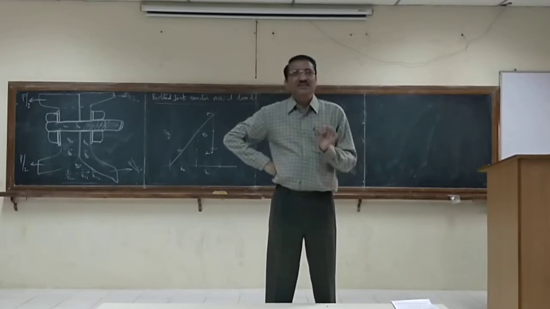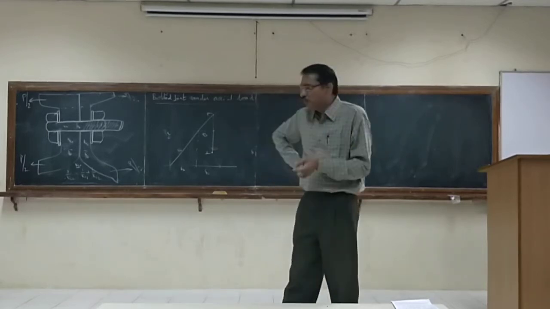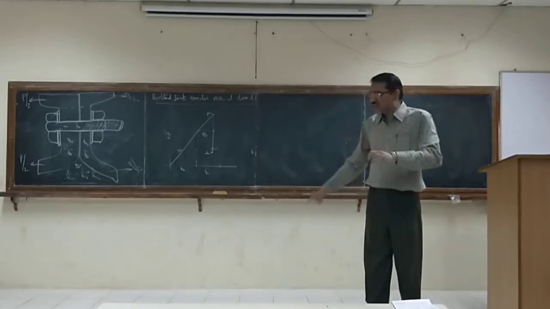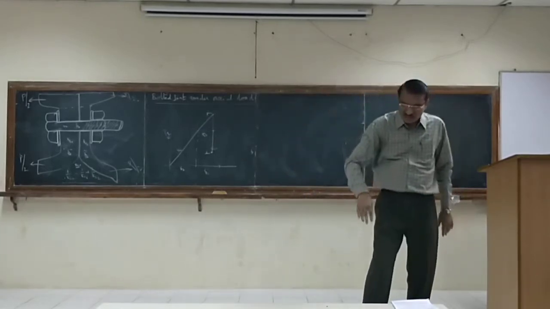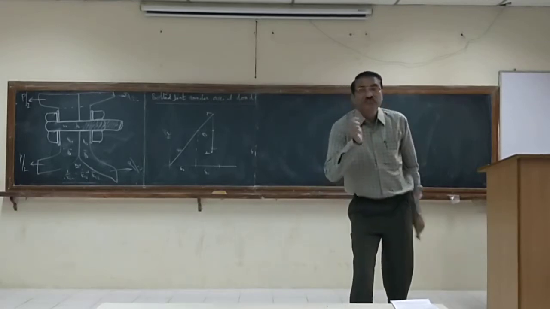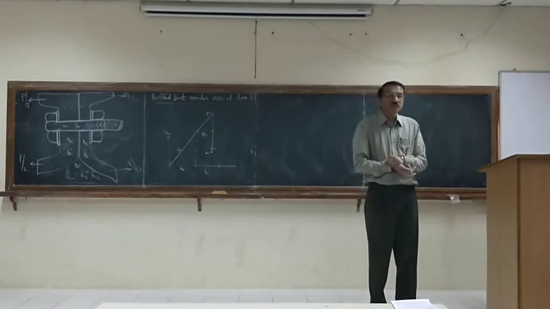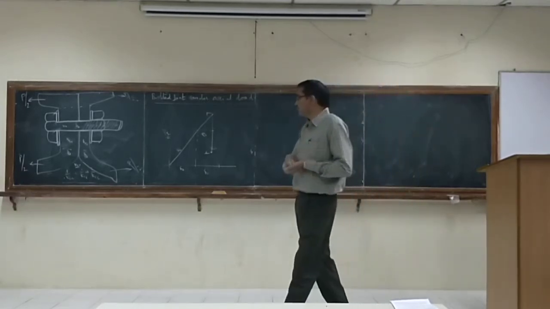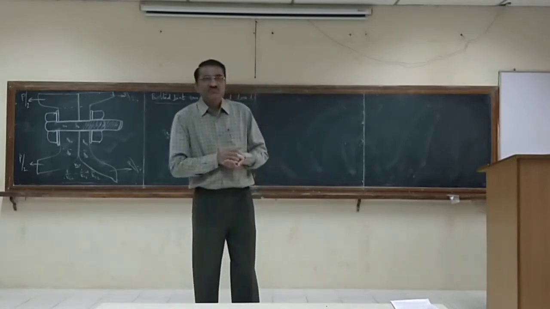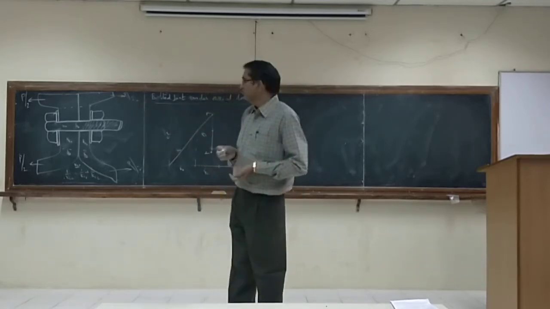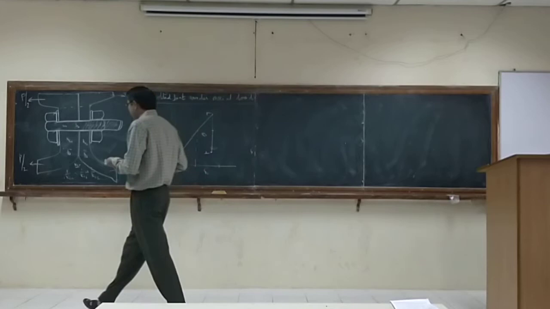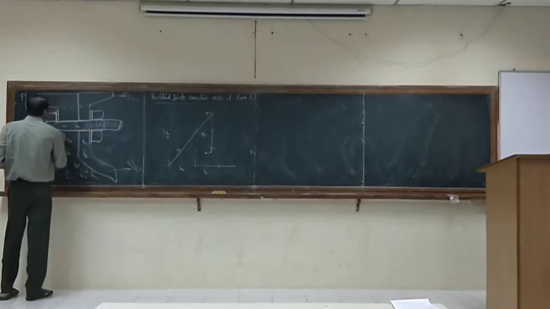For that purpose, just let us have a problem in a one-dimensional situation. How to model this? Let us say Kc1, Kc2 are component stiffness values, and let us identify the coordinates here.